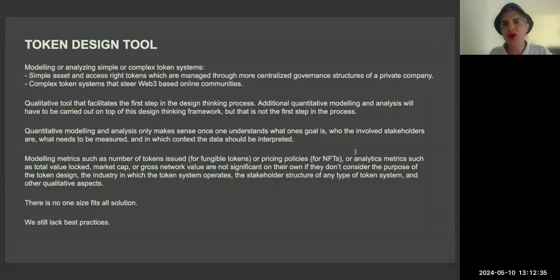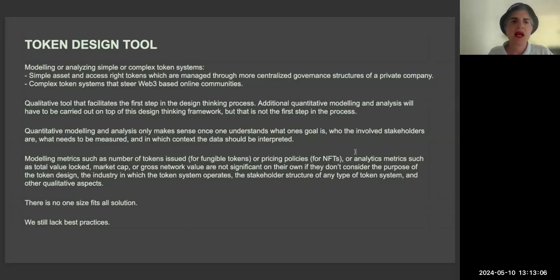You can use it for designing asset and access right tokens with conventional governance structures. But this design thinking tool was first and foremost developed for designing decentralized organizations, Web3-based online communities, however you might want to call them, that have one or several network tokens that incentivize the behavior of the community's actions.